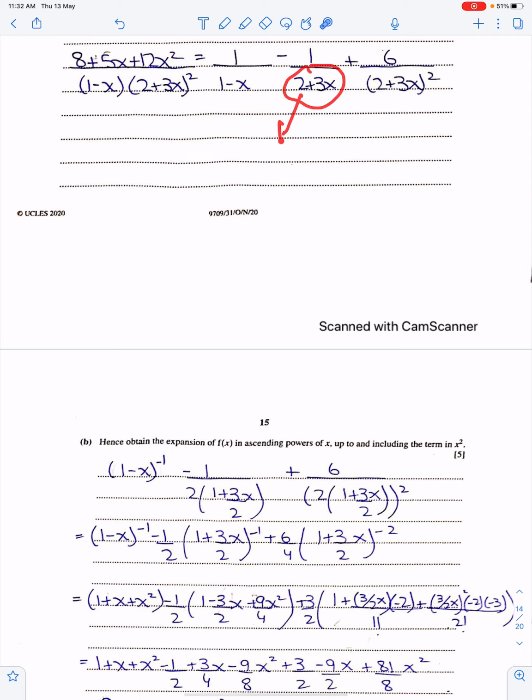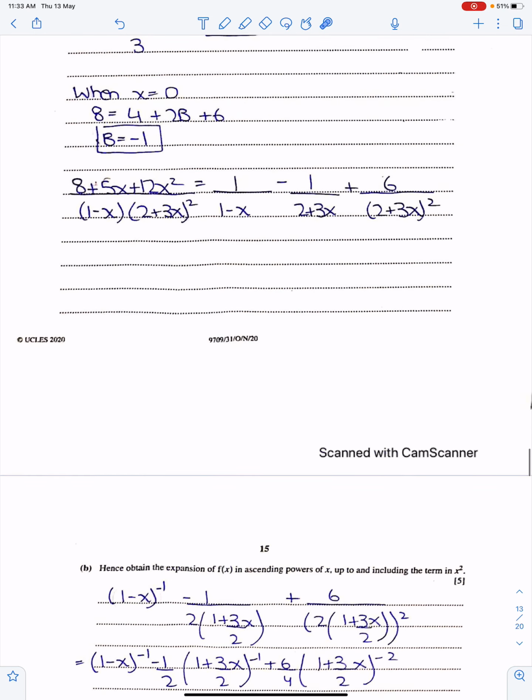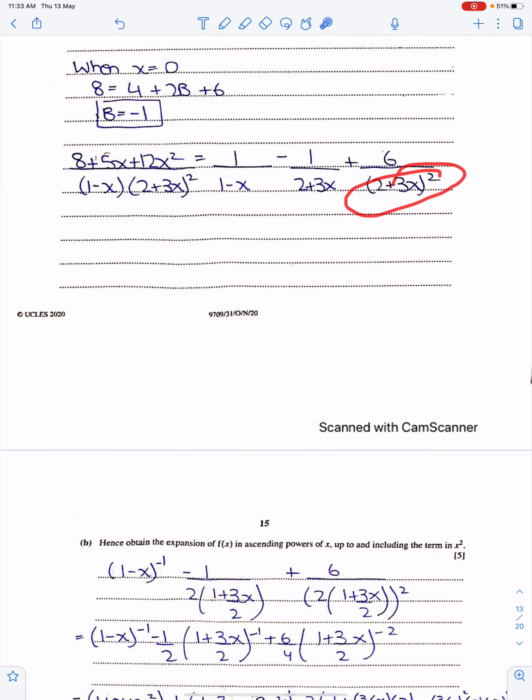You have to take this 2 common to make this first term 1 here as well. So you need to take 2 common from this expansion and from this expansion. When you take 2 common from this expansion, you have this. And when you take 2 common from this, make sure you give power 2 to this expansion and this coefficient as well.